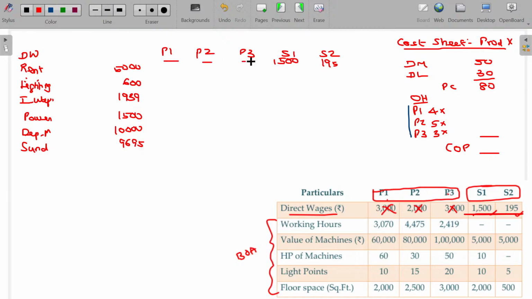For other departments, it will not be applicable. Rent, what is the basis? Maybe floor space. Lighting, light points given. Switch points or light points. Light points will be taken.